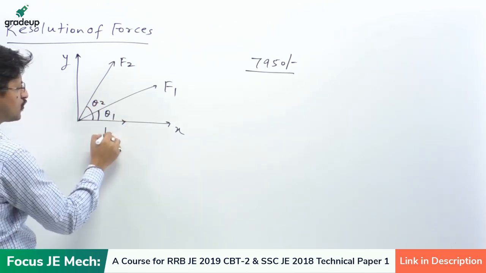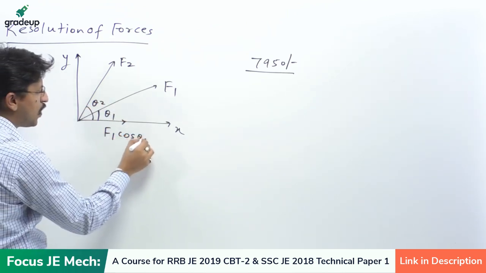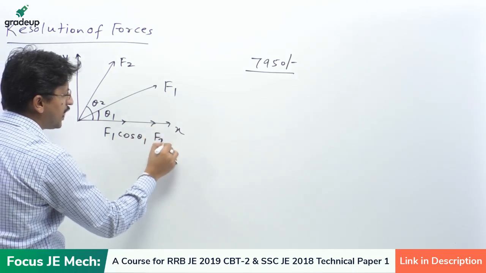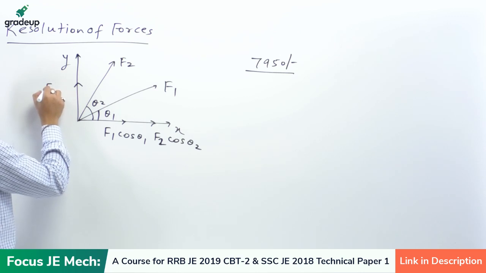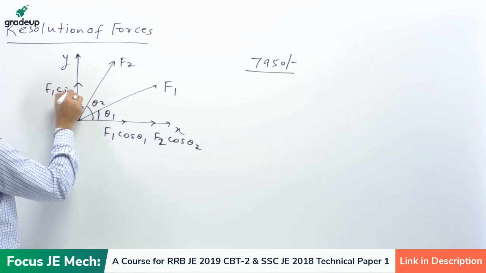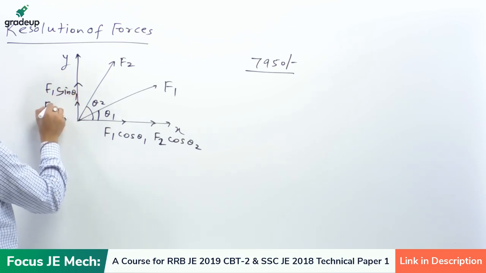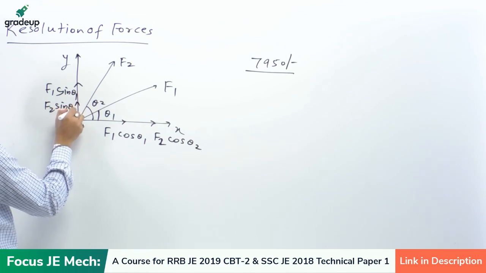So this is theta 1, this is theta 2. You have the forces on this side as F1 cos theta 1 and F2 cos theta 2. This is your resolution of forces. This is F1 sin theta 1 and this one is F2 sin theta 2. Clear?